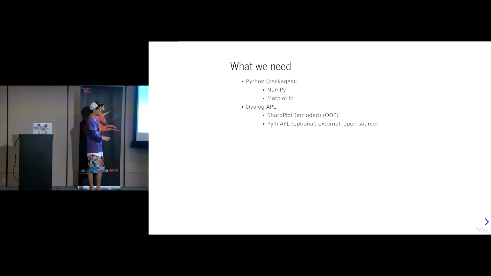The interface is in an object-oriented style, as you will see. And Pineapple is an optional dependency that's also open source and external. It lets me run APL code from Python.